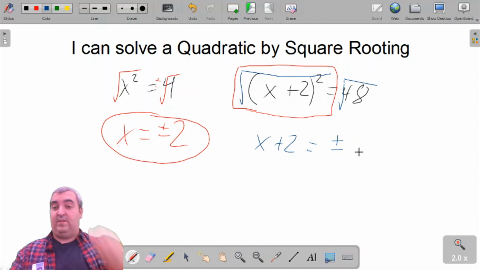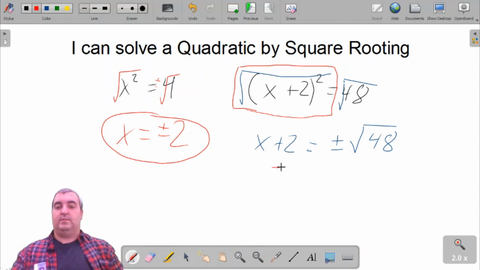We will simplify a little bit, but I'm going to save that for the end. We could simplify it here, but it's not a perfect square, so we're still going to end up with a root. All right, and then our last step before we simplify the root is to subtract the 2. So we're going to get x equals negative 2 plus or minus square root of 48.